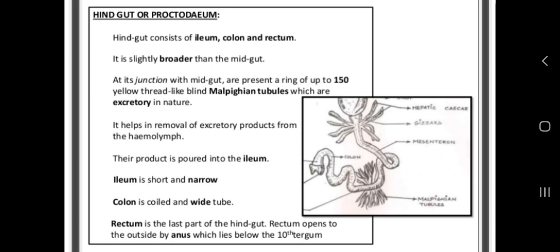The third part of the alimentary canal is called the hindgut or proctodeum. This region extends after the midgut up to the anus.